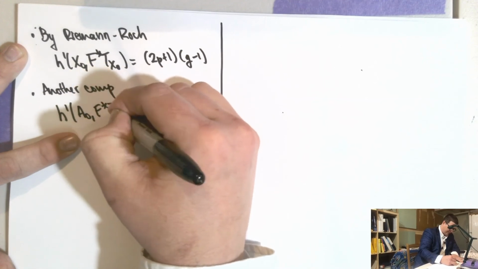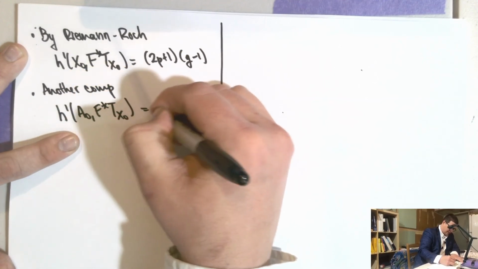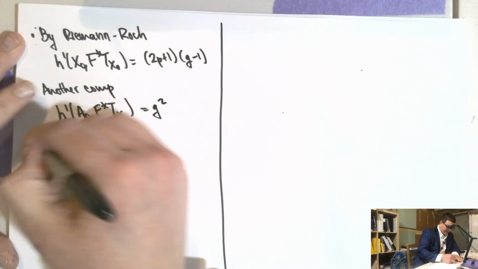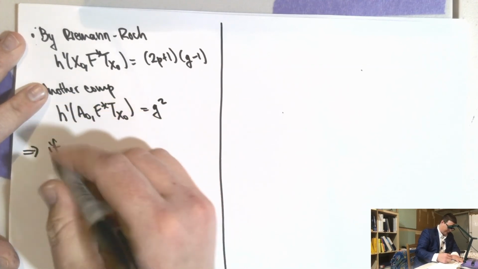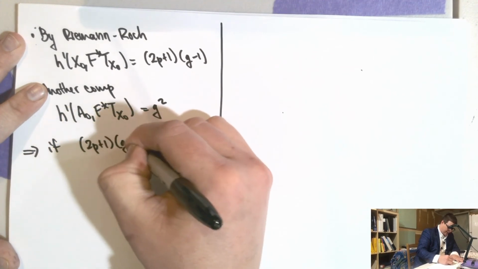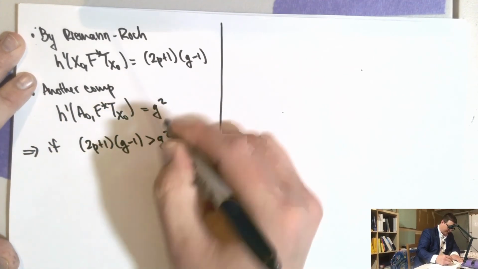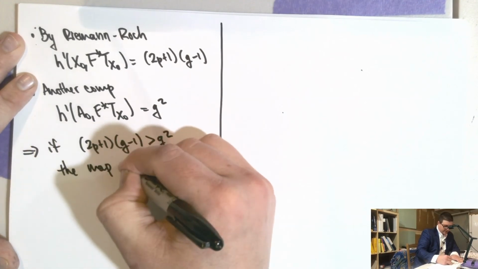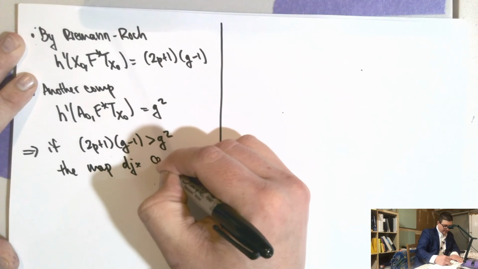So if we make p as big as we want, then whenever (2p+1)(g-1) is bigger than g squared, the map can't be injective.